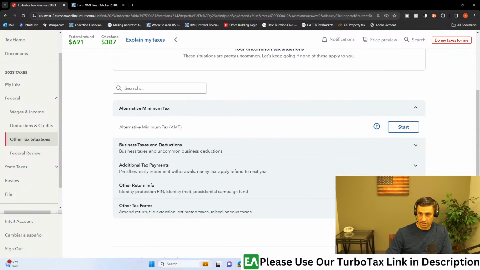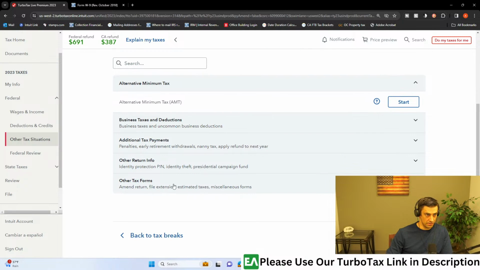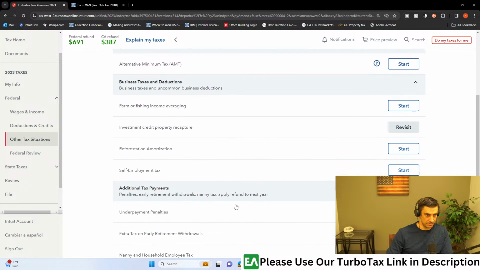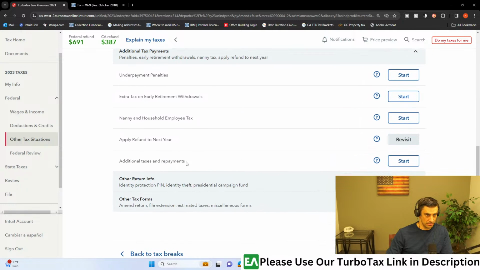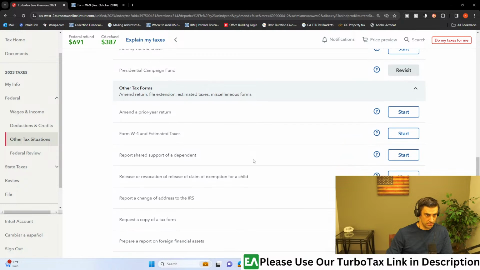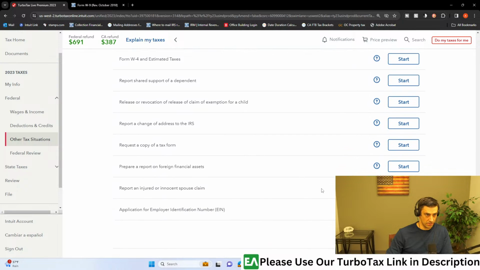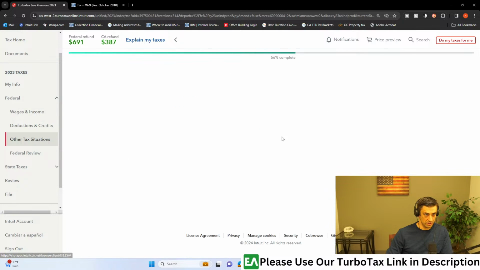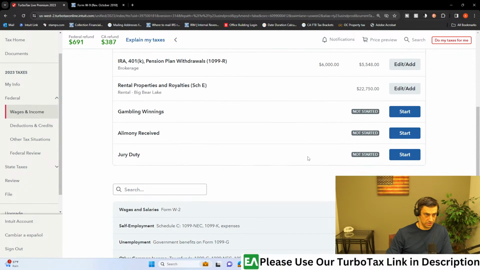Here we go. Other reportable income, yes. Business tax deductions, no. Other tax payments, no. Oh, come on. Let's go here. Income and expenses.